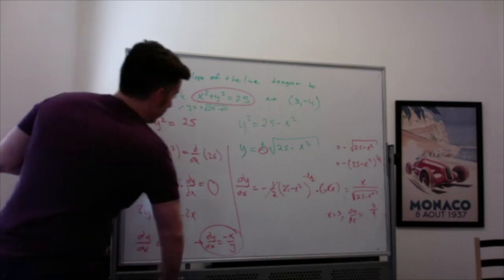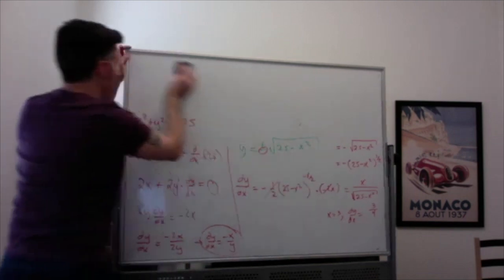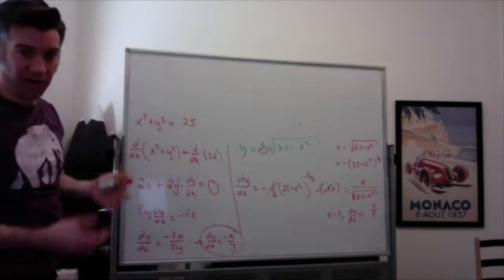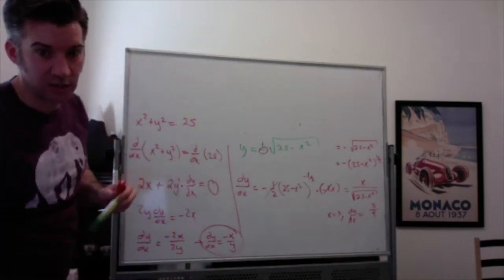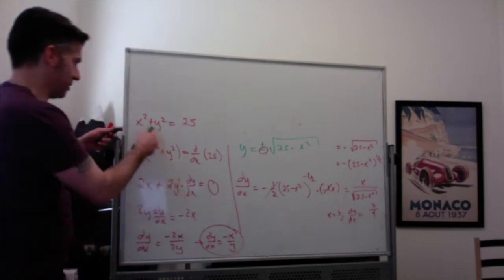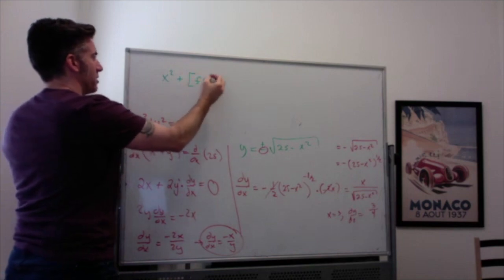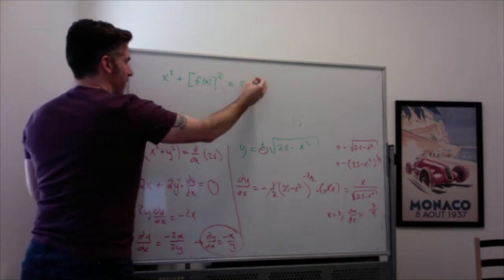Sometimes, in fact, let me do one more thing here just to make it extra super clear. Another way to think of it, although it takes a little more writing, but it's essentially the same, is to say, well, I'm going to write y literally as a function of x. I'm going to write this as x squared plus function of x squared equal to 25.